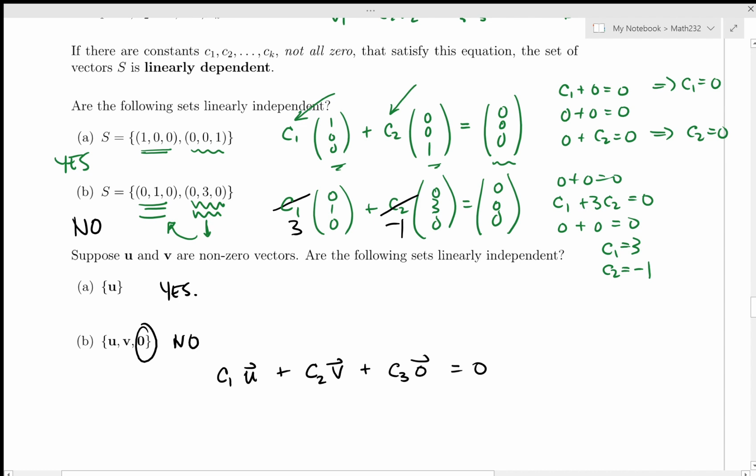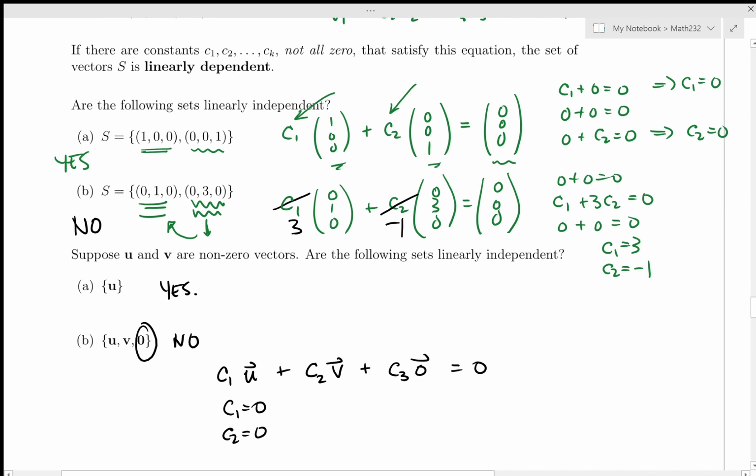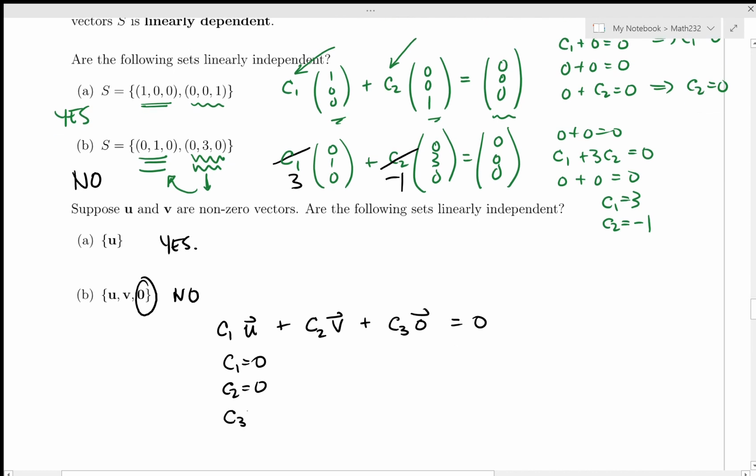Can I make that equal to 0 when C1, C2, and C3 are not all 0? And yes, I can, because I could just take C1 equal to 0, C2 equal to 0, but I could, for example, take C3 equal to 1. These are not all 0. Therefore, the set is not linearly independent.